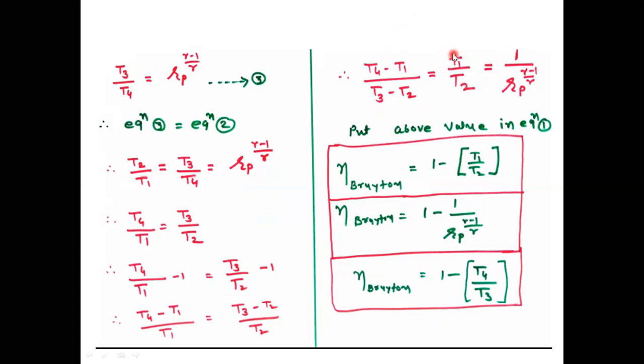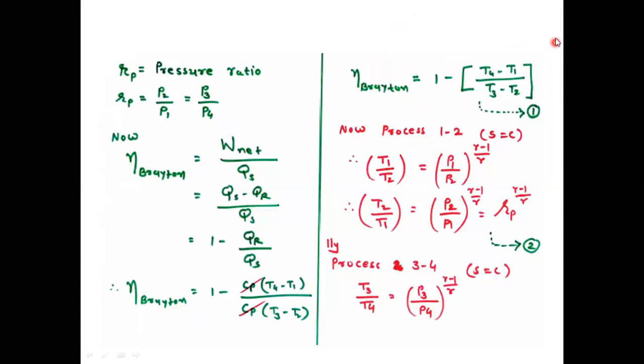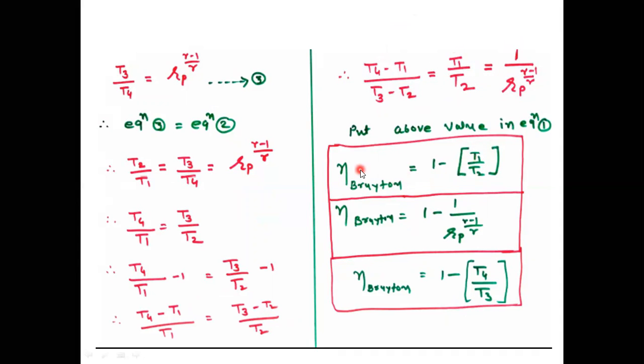I put this first: instead of T4 minus T1 divided by T3 minus T2, I put T1 by T2 here. So my equation of efficiency becomes 1 minus T1 divided by T2. I can also write, instead of T1 by T2, 1 upon Rp raised to gamma minus 1 upon gamma. So 1 minus 1 upon Rp raised to gamma minus 1 upon gamma. This is my second equation.